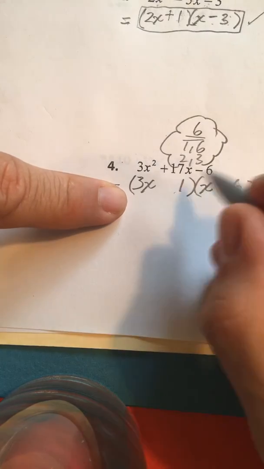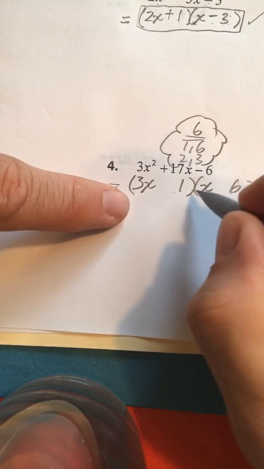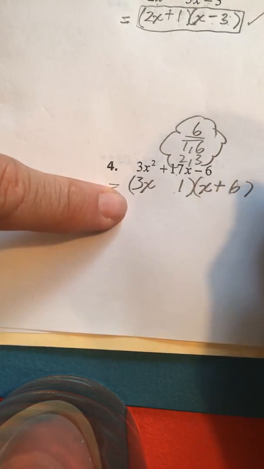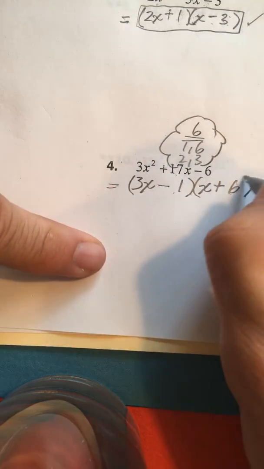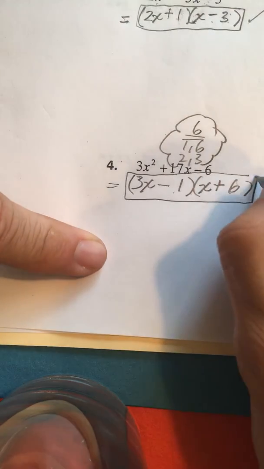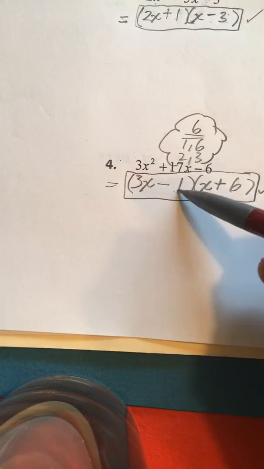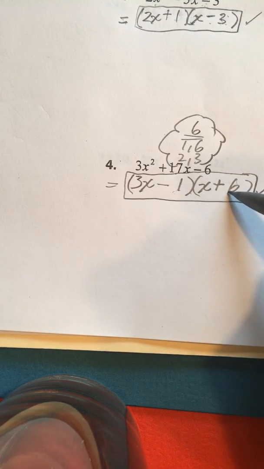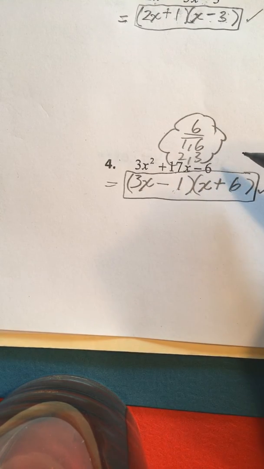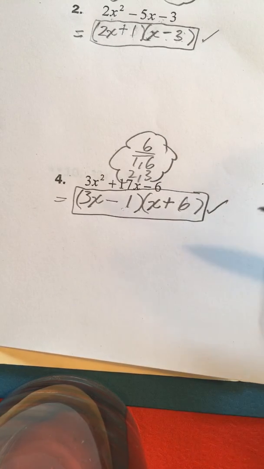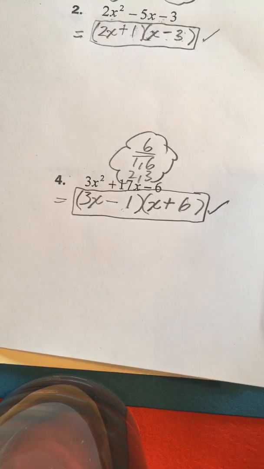And right away, I got really lucky because 18 and a 1, I can create 17. I would make this a +18 and a -1, and I found the combination right away. I don't have to try a 6 and a 1 or a 2 and a 3 or a 3 and a 2. There's only going to be one combination that works, guys, okay? So as you take a look at this, that's what you're looking for, that one combination, and this is the combination that works and that we want.